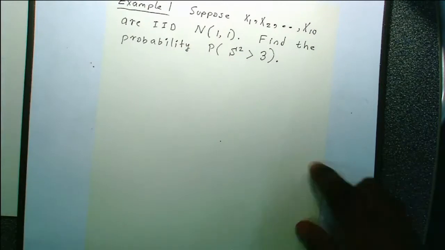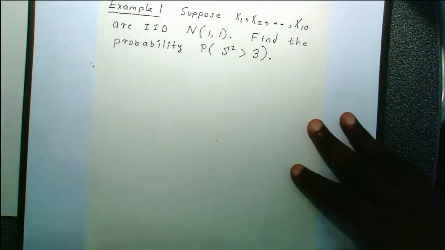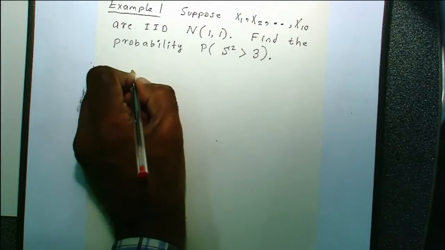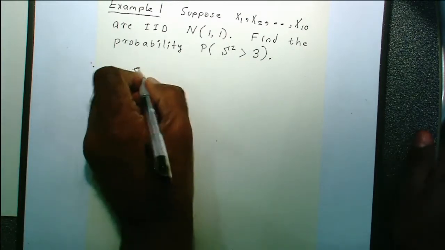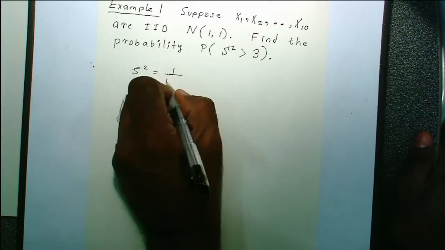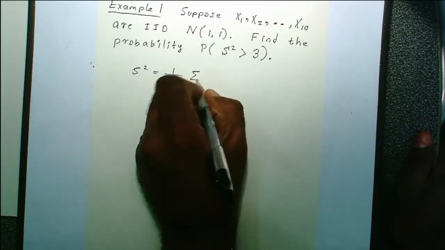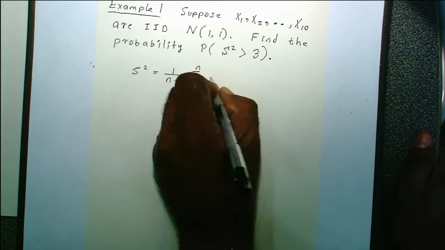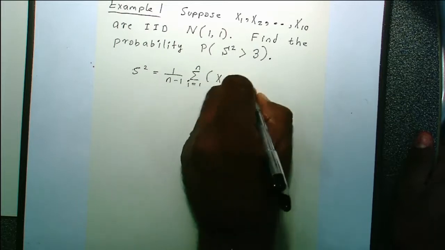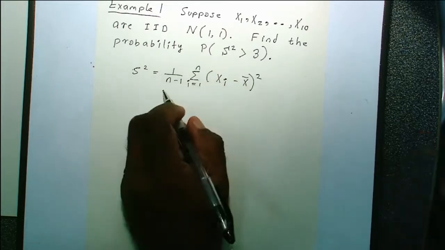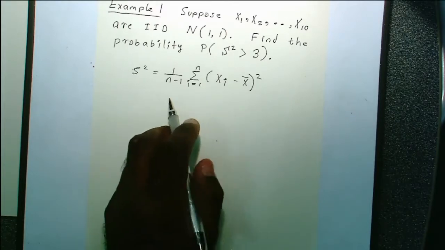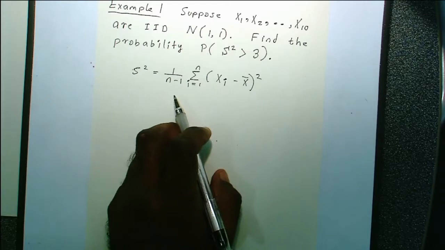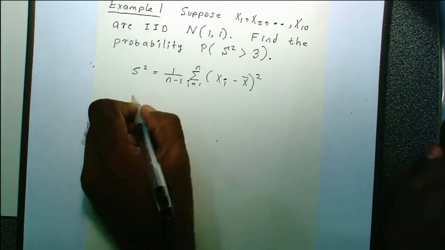So once again, I will repeat the corrected version. S squared denotes the sample variance and is defined to be 1 over n minus 1. It is not what I had written, 1 over n, which is not correct. So the correct divider is 1 over n minus 1, but I corrected this online, if you see in the notes online. And S is the sample standard deviation.